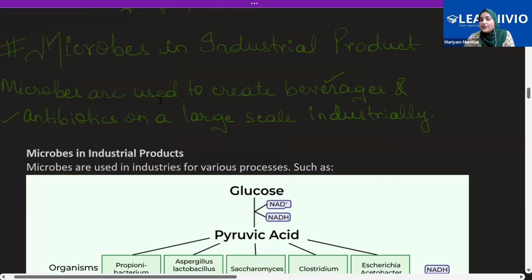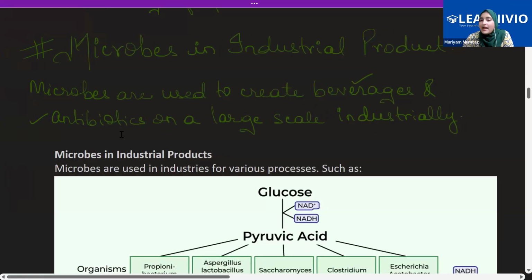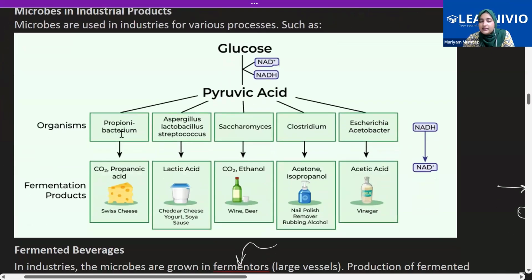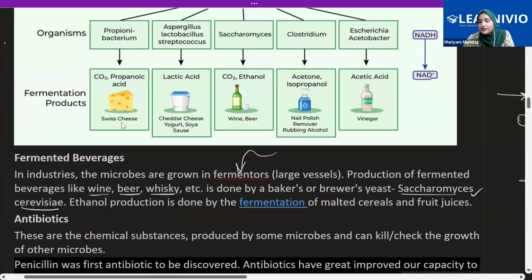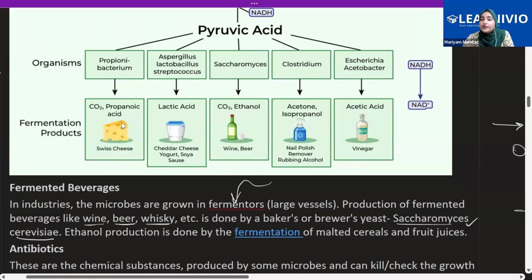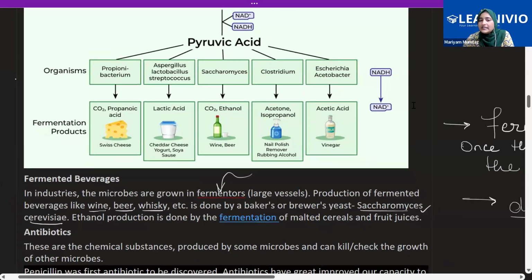So microbes are used to create beverages, meaning several drinks, and even antibiotics, the medicines, on a large scale at the industrial level. So, fermented beverages. Now, the best example of fermented beverages is the production of alcoholic drinks, like things you might have heard or seen on television.